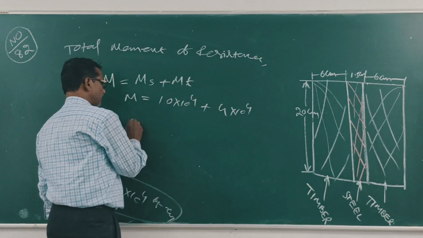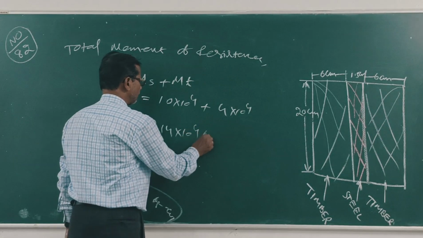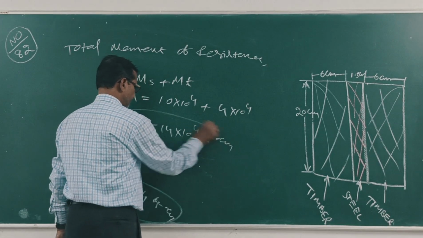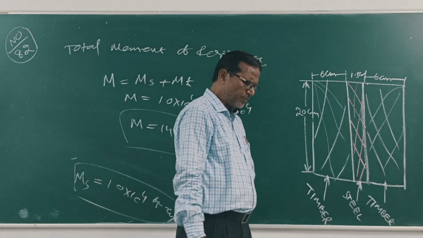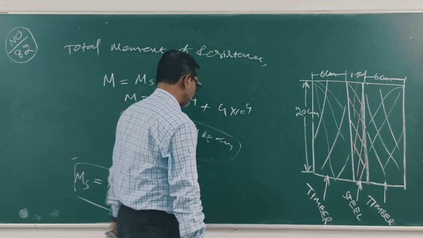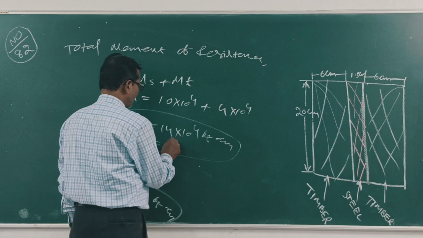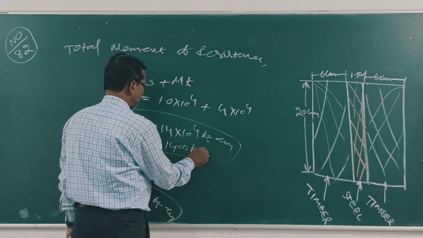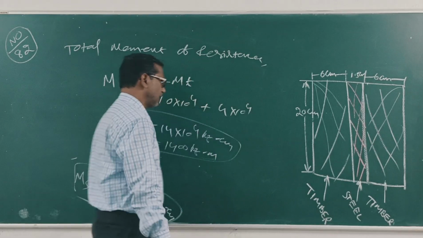Clear? M is equal to 14 into 10 to 4 kg cm. This is the total moment of resistance of the beam section, or 1400 kg meter. Right? Next question 83.